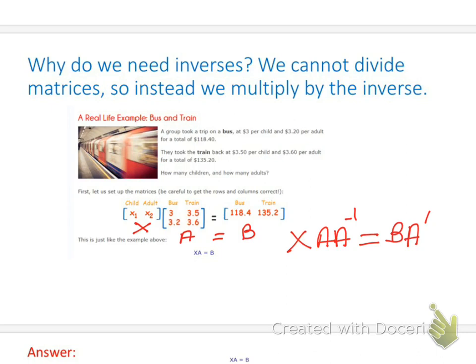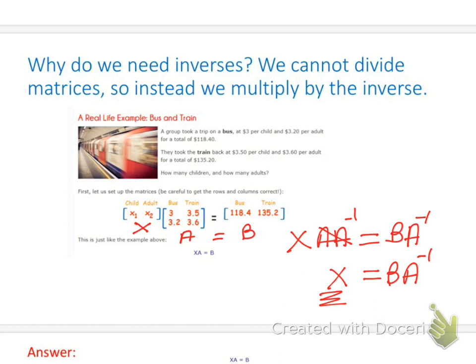We know this gives me the identity matrix. So that returns my X value, and my X matrix is the child-adult component matrix. If I multiply these two matrices together, the B and the inverse A matrix, I will know how many adults I have.